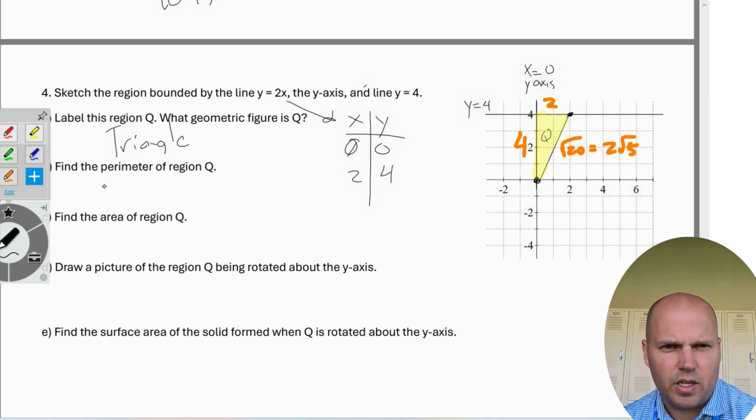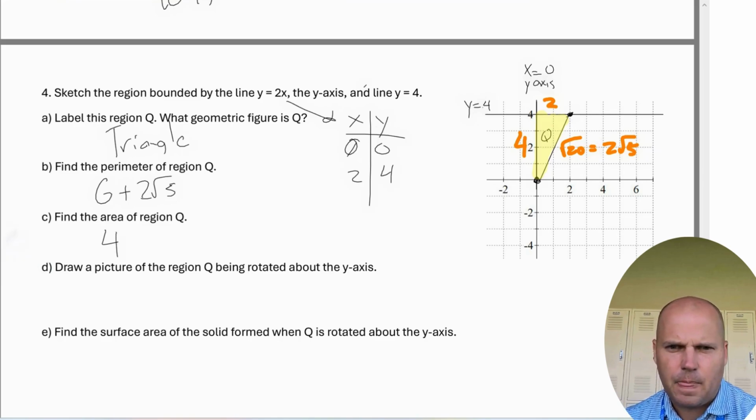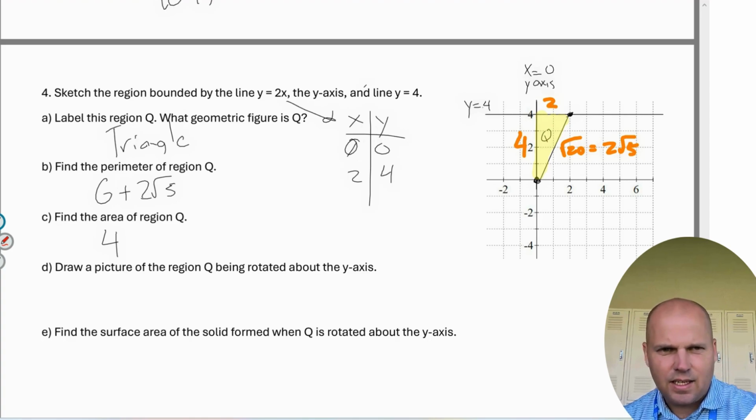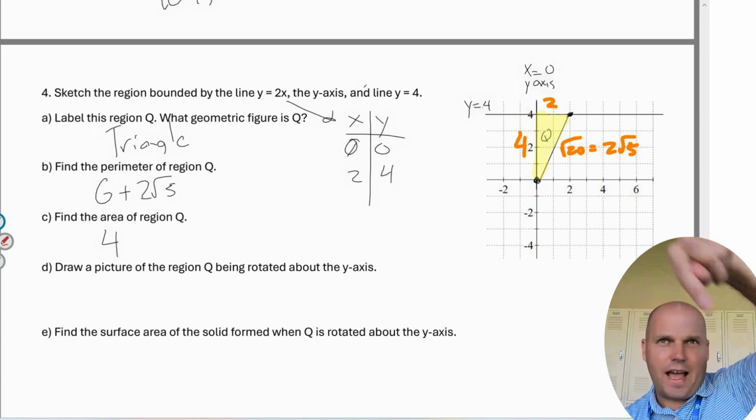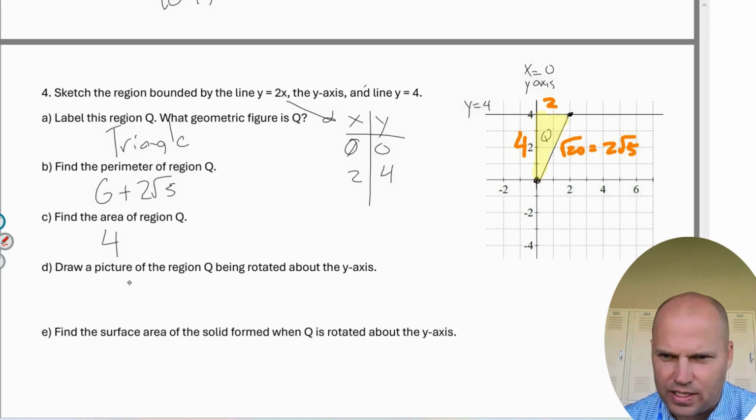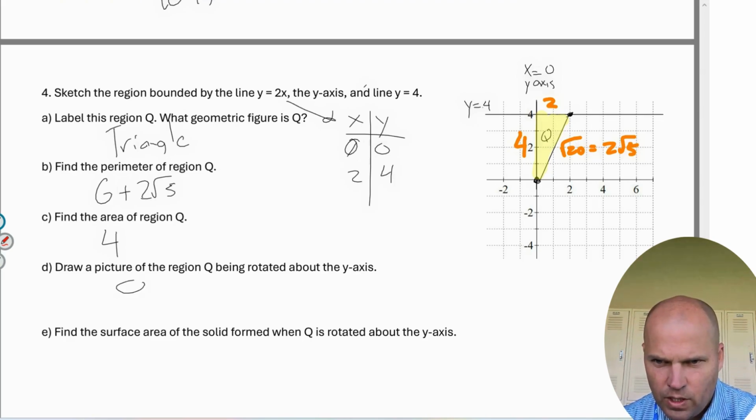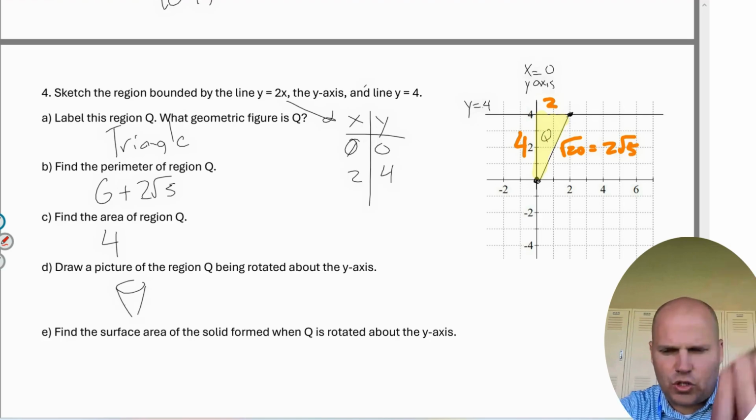The perimeter is 6 plus 2 root 5. The area is 4. If I spin it around the y-axis, the circle is created on the top. It becomes a cone with a circle on the top.